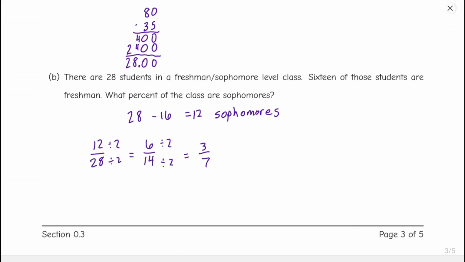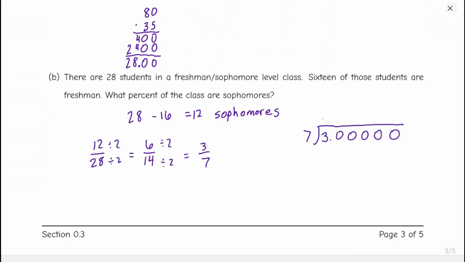So now, there's no way to make 7 into 100 because 7 doesn't go into 100. So to get the percent, I need to convert this to a decimal first. So to convert this to a decimal, you do 3.00000. I don't know how many zeros we're going to need. Divided by 7.